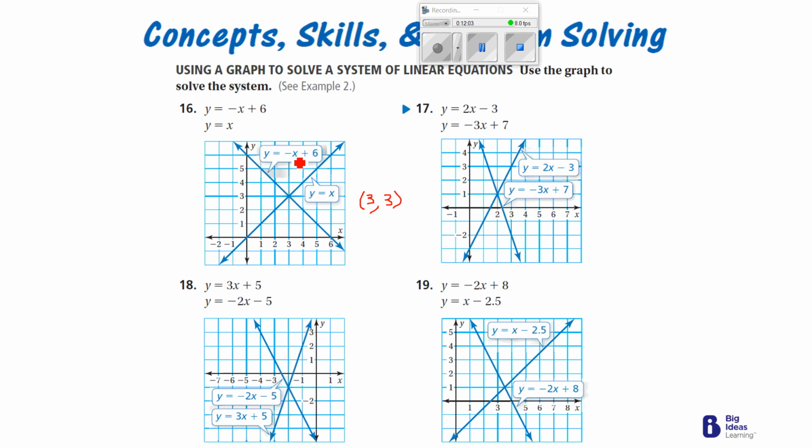Okay, let's find out. If we got the first one, it says y is equal to negative x plus 6. Well, that means that 3 is equal to negative 3 plus 6. And 6 minus 3 is 3. That checks out.